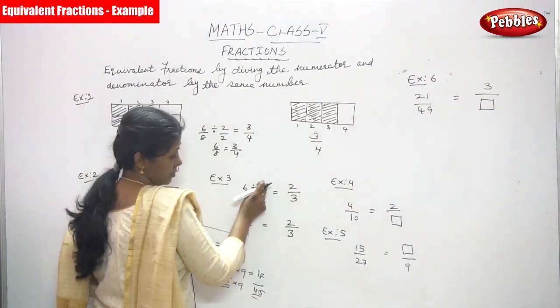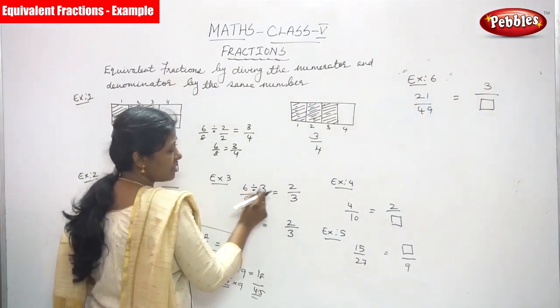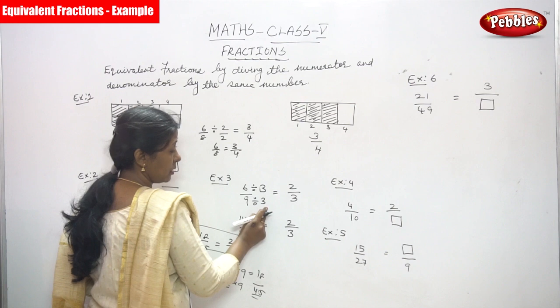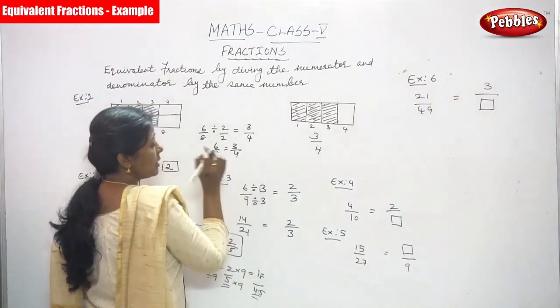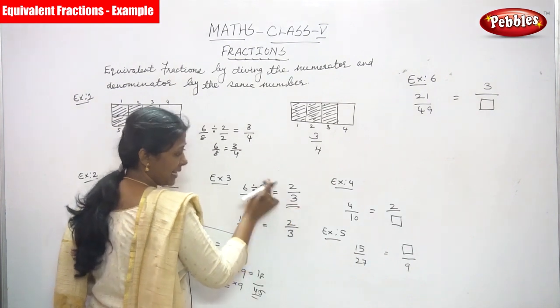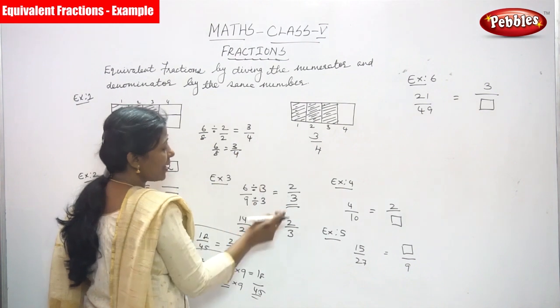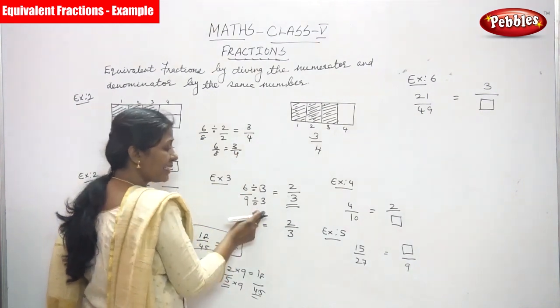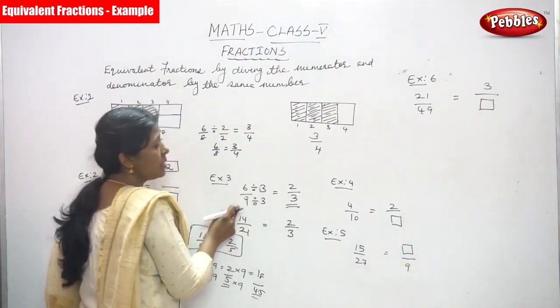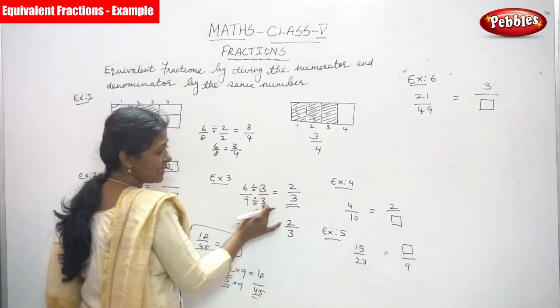The divisor 3 is the common factor. So 2 by 3 is an equivalent fraction. I explained already how we get it: by dividing the numerator and the denominator by the same number, which is 3.